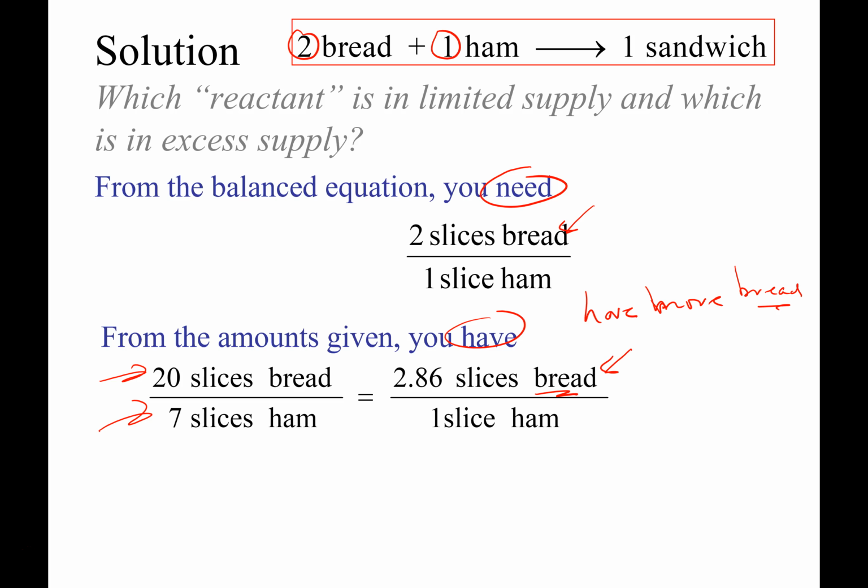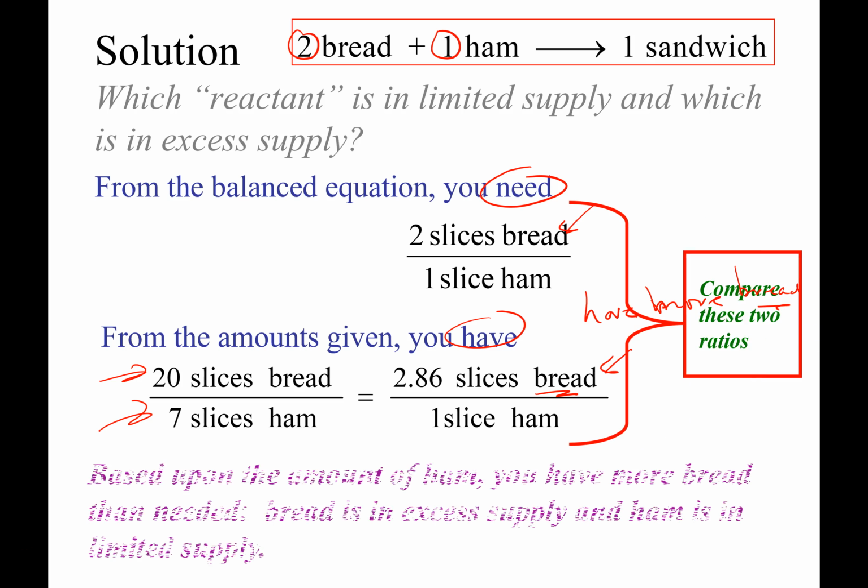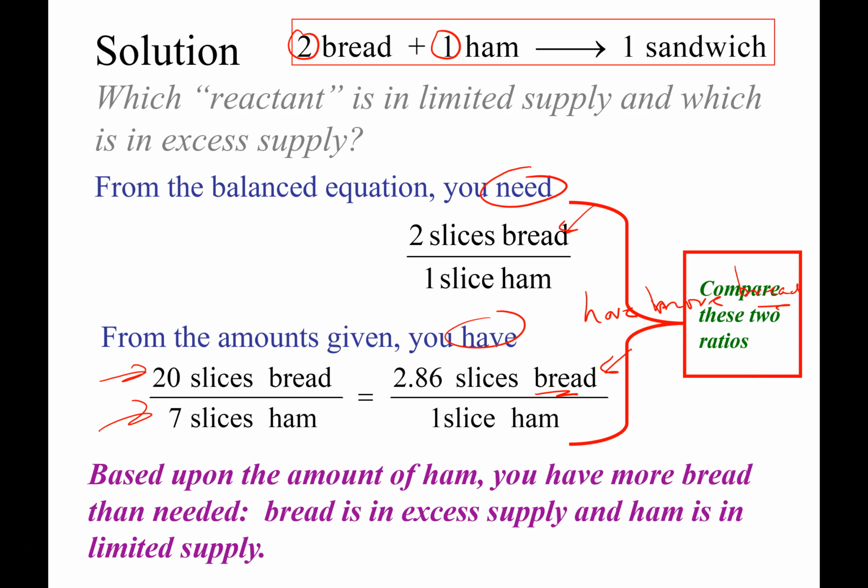You get the need ratio from the stoichiometric coefficients, and the have ratio from what you were given in your cupboard. You compare those 2 ratios, and based on them you identify which reactant is in limited supply. That's all we're doing here.